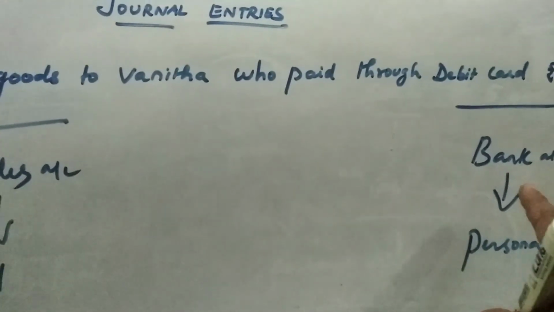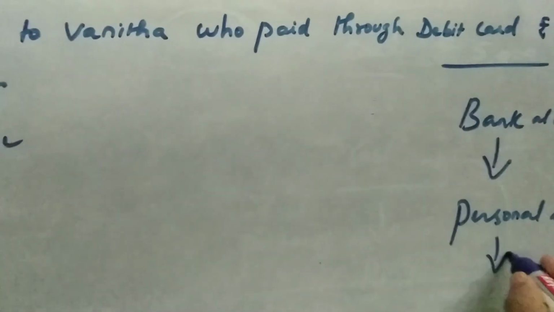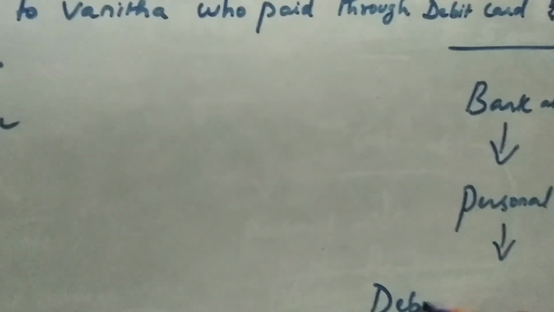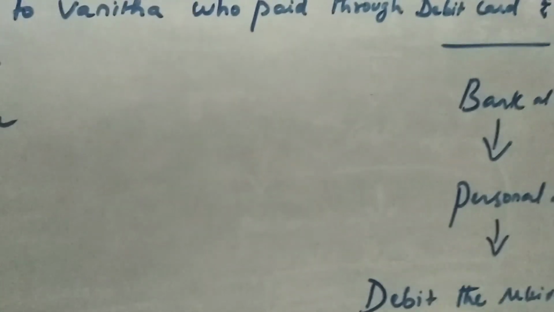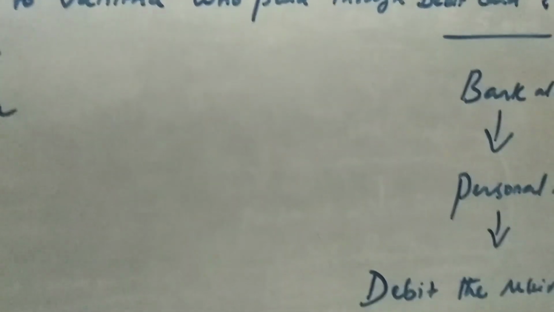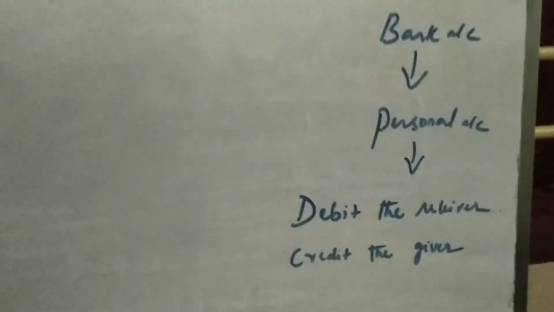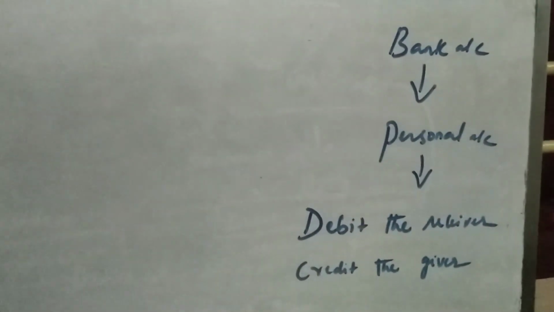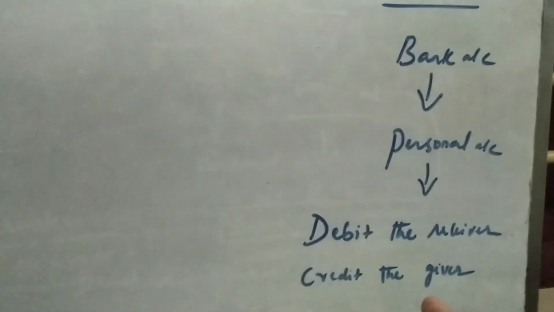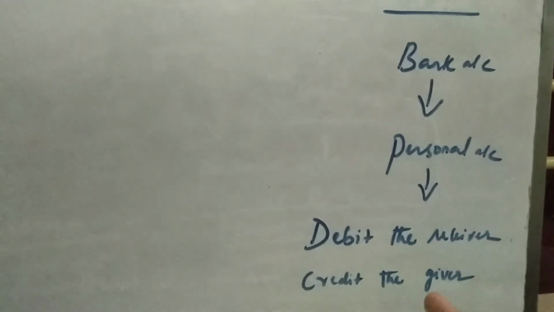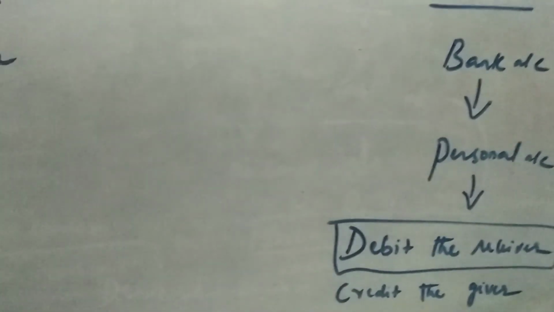Our banker is going to receive the payment on our behalf. Right? Under personal account, debit the receiver, credit the giver. So our banker is going to receive the payment on our behalf. It will be credited to our account, right? Now our banker is the receiver. So debit the receiver. Bank is going to be debited.